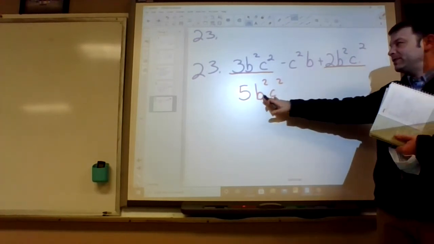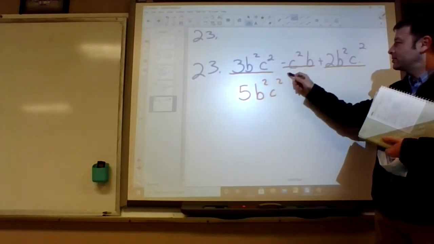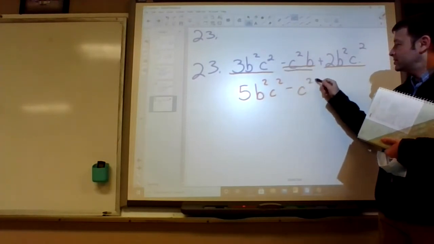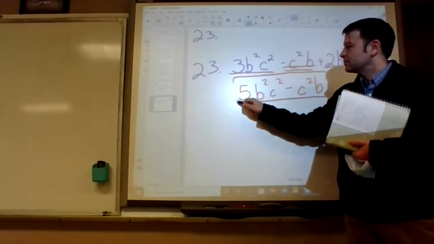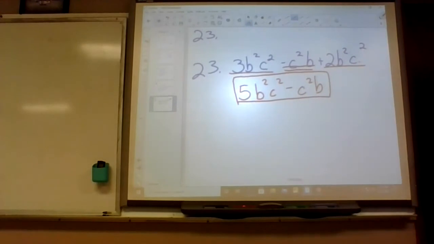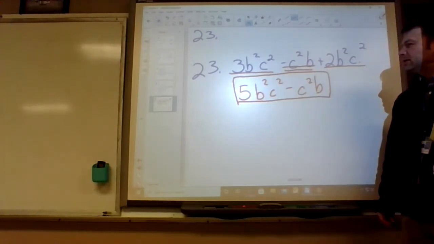So this is the first problem we've actually added terms on. And then what do I do with this one? Just sit it down in there. Is that the answer, or do we actually subtract 2c?